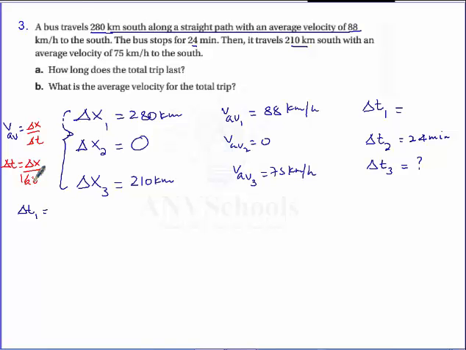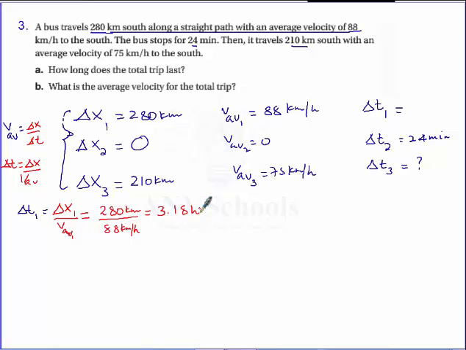So delta T1 is the displacement 1 divided by the average velocity 1, which is 280 kilometers divided by 88 kilometers per hour. You just divide these 2 numbers, 280 divided by 88, and you will get, approximately to 3 significant figures, 3.18 hours.